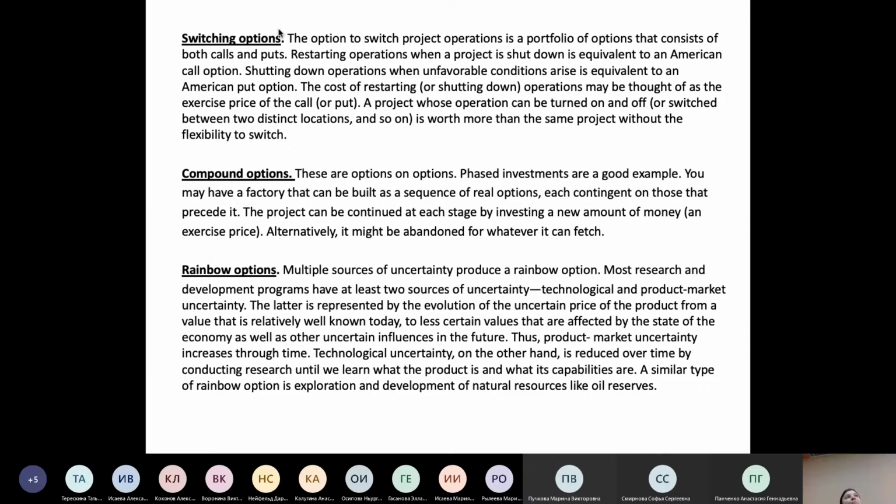When we have, for example, a portfolio of different flexibilities, of different opportunities for our company, in other words, we have the choice between different options. And phased investments are a good example. You may have a factory that can be built in stages, each a real option. Each contingent next option is the option on the previous stage.